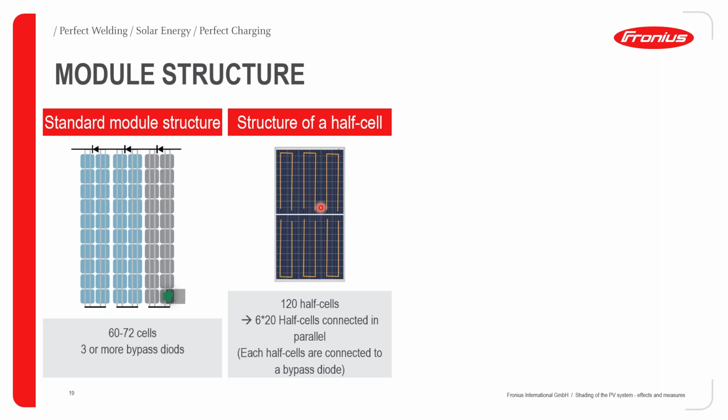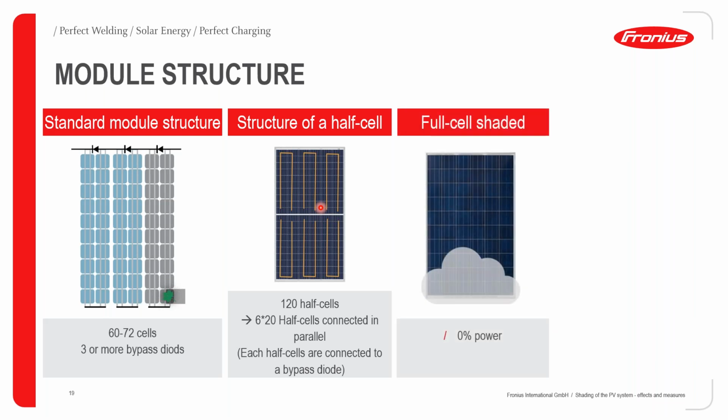Now, the next illustration will tell us how this comes into effect when it comes to mitigation of shading. For a full cell shaded module, as depicted by this illustration on the left, once you have a shadow cast by, let's say, a tree or melting ice, it's going to cut off the entire bypass diode and you end up having zero power generated for this particular module.